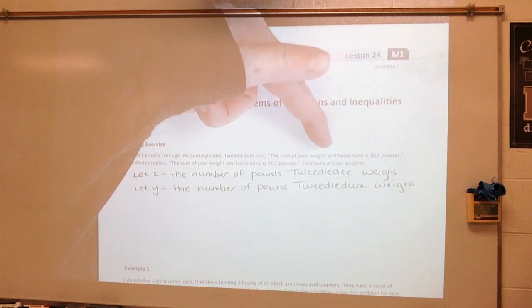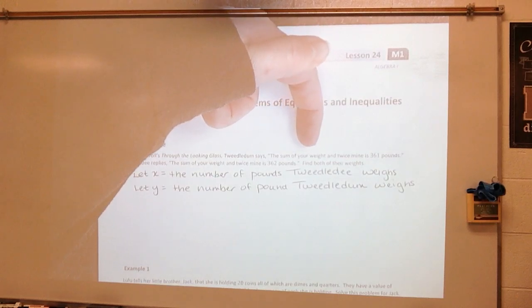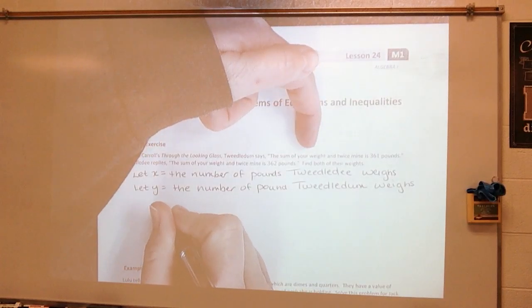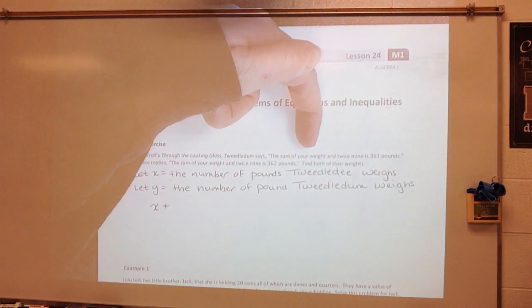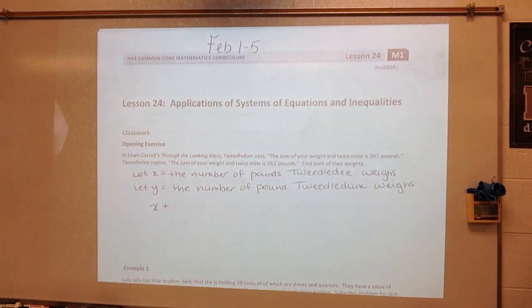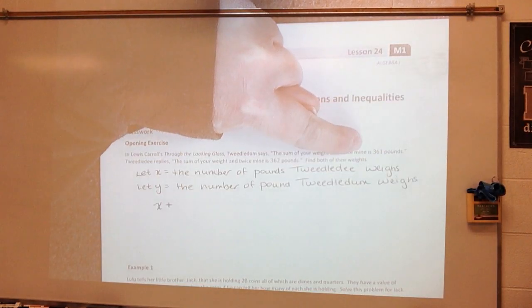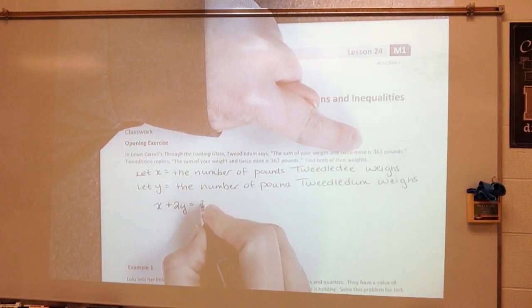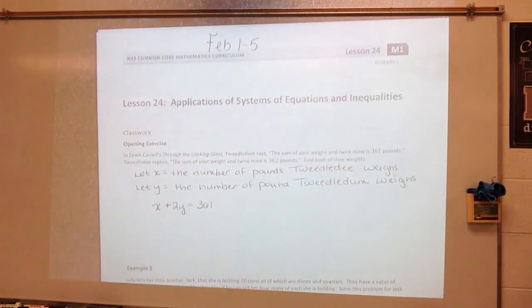So if Tweedledum is saying that to Tweedledee, the sum of your weight, sum means to add, so we've got Tweedledee's weight plus twice mine, twice Tweedledum's, 2y, is 361 pounds.